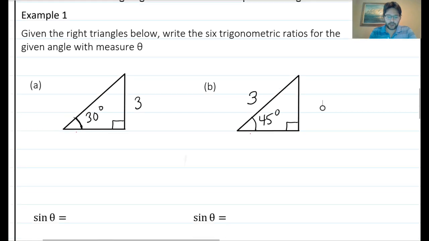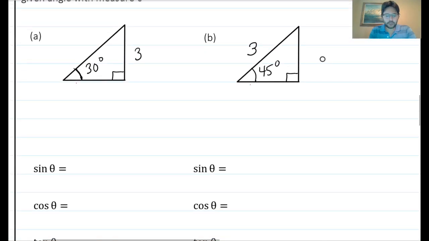So looking at part A here, we know that this is a 30, 60, 90 triangle. Let me undo that real quick. There you go. So 60 degrees. So now we know, remember, the side beside the 60 degrees is A. The side with the 30, the square root of 3 goes with 3. So this is actually A square root of 3, but we know that A is 3, right?